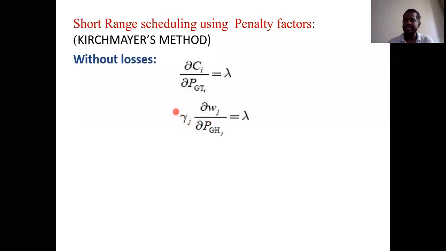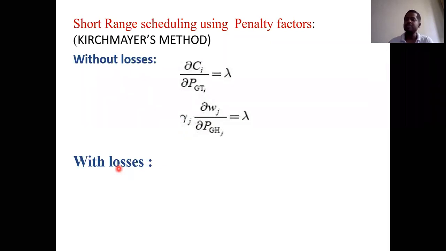Gamma is called the fictitious cost of the hydro power plant, and it converts the water inflow rate to the incremental cost of the hydro power plant. So that's why we take one more parameter, gamma. This is in the case of neglecting the losses. And the next case is with losses.